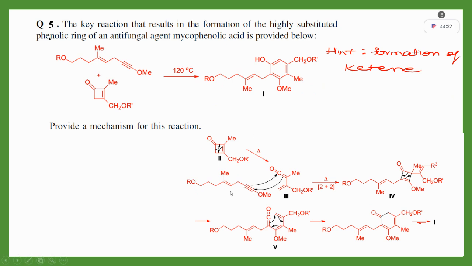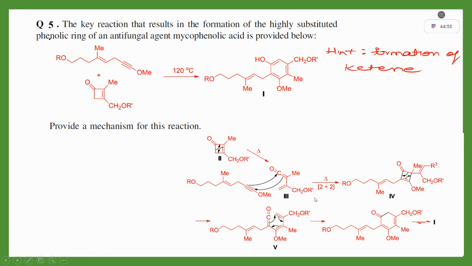Let me tell you, this is your 2 pi electron, this is your 4 pi electron, and this is your dienophile. So this should be quite electron rich. Among alkene and alkyne, alkyne is electron rich. First doubt done.